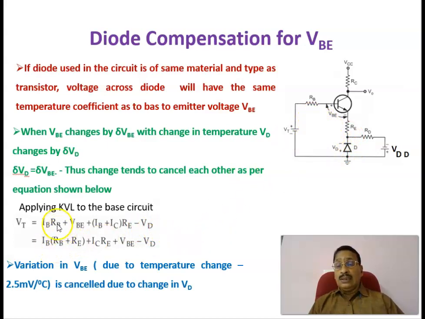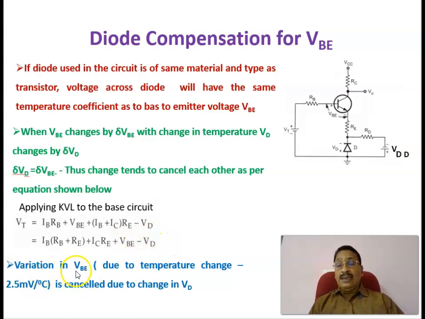Now, grouping the terms, it is equal to IB into RB plus RE, plus IC into RE, plus VBE minus VD. Therefore, this is VBE and VD. The change in VBE as well as the change in VD are the same, so that gets cancelled.